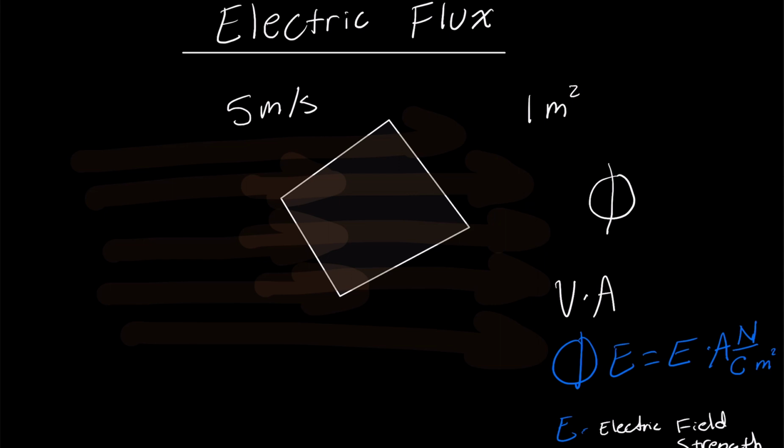Okay, so if the filter was going in a crooked kind of way, or kind of like in a diagonal, or if it were to be rotated, the filter has the same area and the coffee has the same velocity.